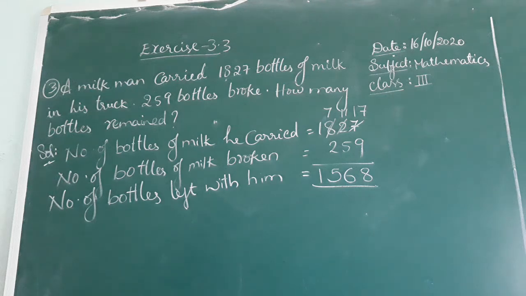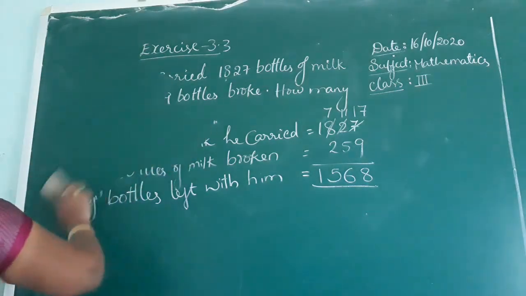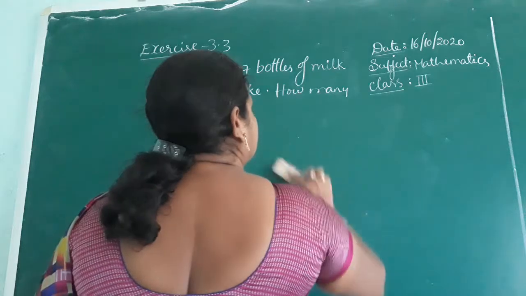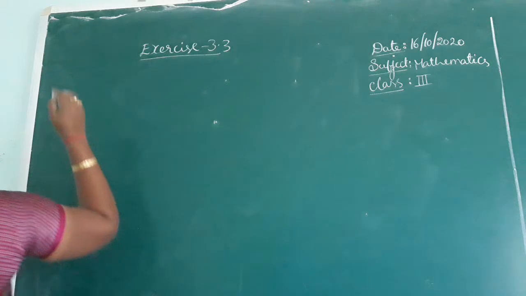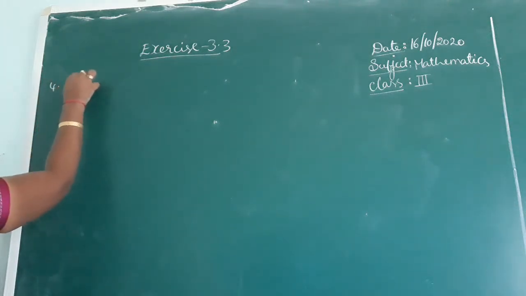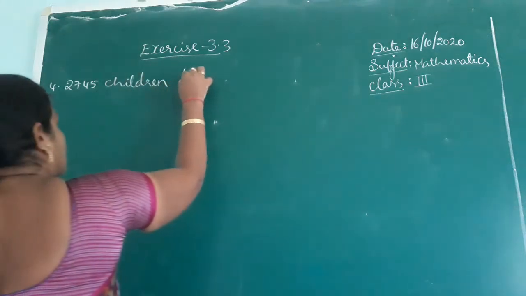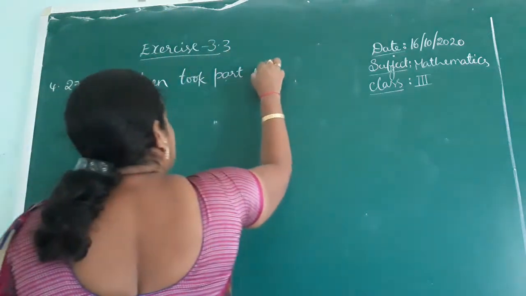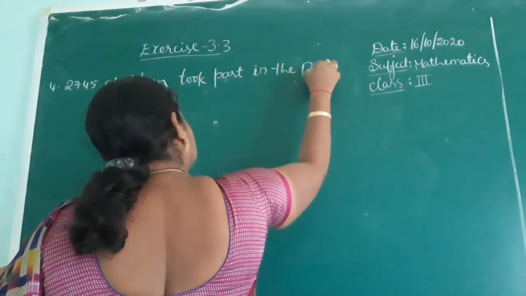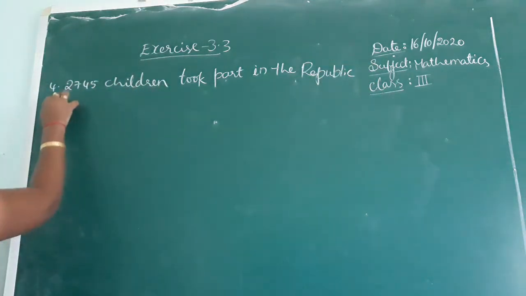See the next one, children. Fourth one: 2745 children took part in the Republic Day parade.